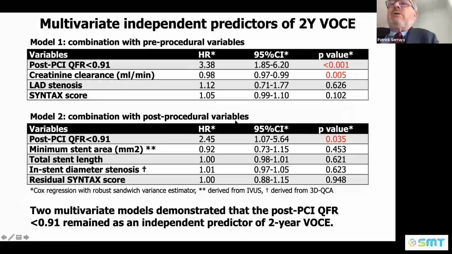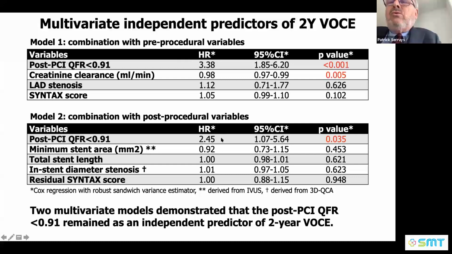And you see we did classically a multivariate analysis of independent predictors in this multivessel trial, which was SYNTAX II, and certainly the post-PCI QFR below 0.91 has a very strong hazard ratio with a good 95% confidence interval and is highly significant. Of course, kidney function plays a role also. The anatomic SYNTAX score was not emerging.